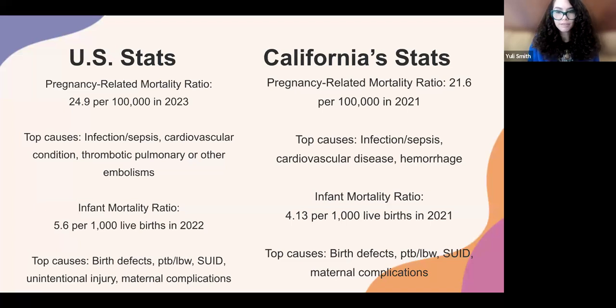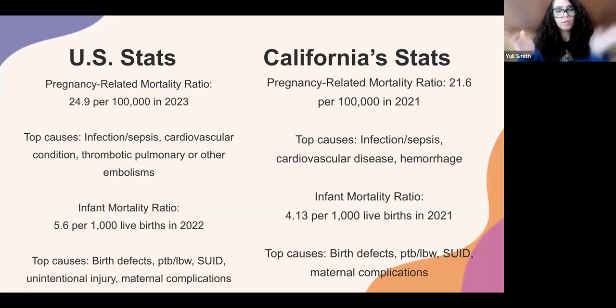So the most recently available US and California statistics track pretty closely with one another. I would say that California is one of the best states in regards to pregnancy-related mortality. So pregnancy-related mortality means that a death occurred because of pregnancy or because of a complication that had stemmed from pregnancy.